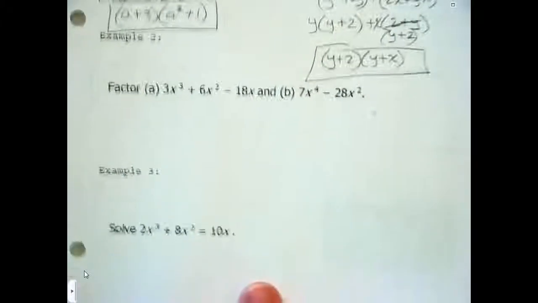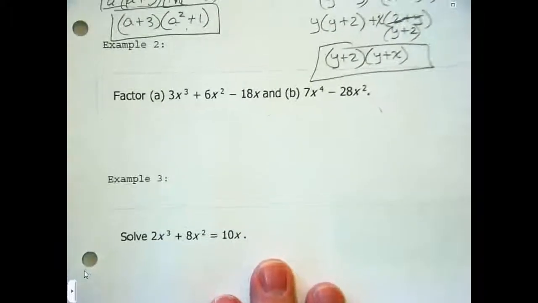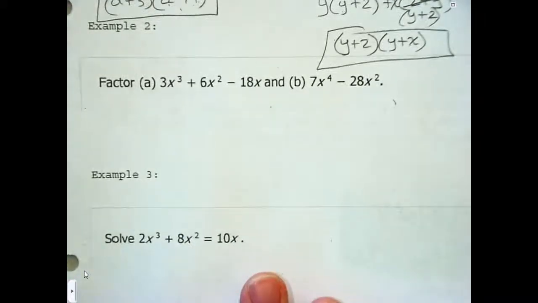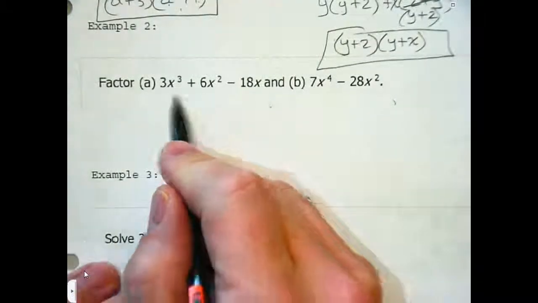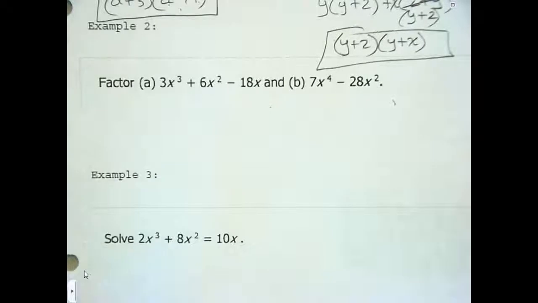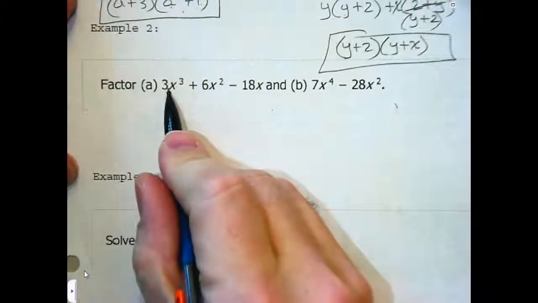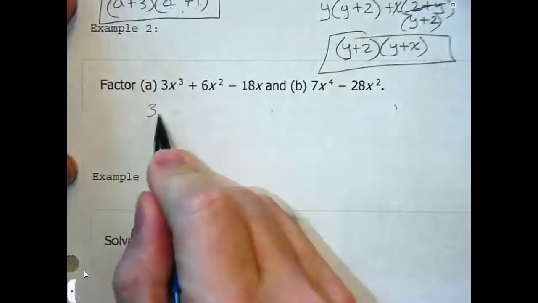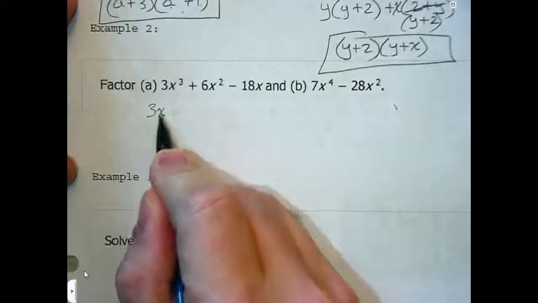Okay, moving on. Example number 2. I want you to factor letter A. Let's start with A. Tell your neighbor what the first thing is. Hey, what's the first thing we need to always check for every time? Greatest common factor. In this case, 3x.